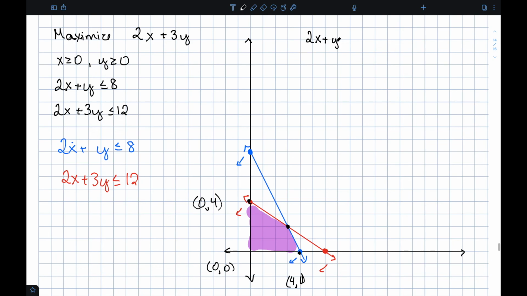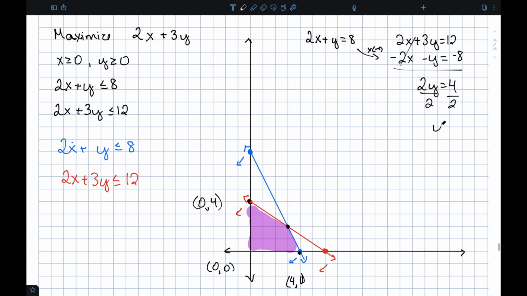So I have the system 2x plus y equal to 8, and 2x plus 3y equal to 12. I'm going to multiply the first one by -1 to make it minus 2x minus y equal to minus 8. That gives me 2y equal to 4.